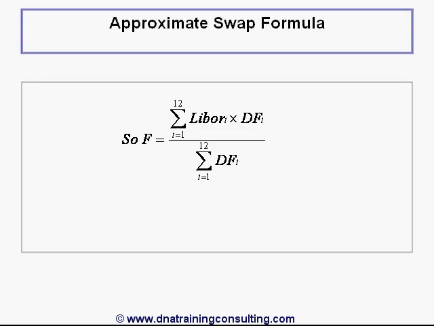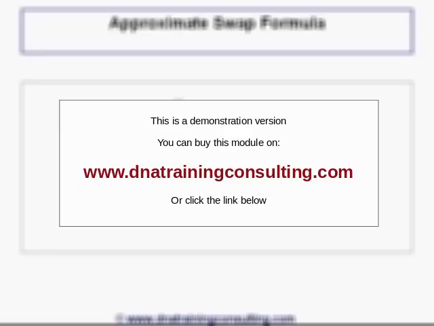This formula simplifies to what you see in front of you here, where you will notice the N for notional dropping out completely from the formula, and illustrates really well why people often say that the swap rate is the time-weighted average of the relevant LIBORs.